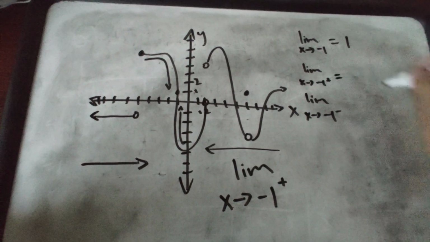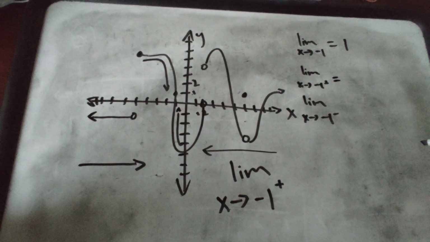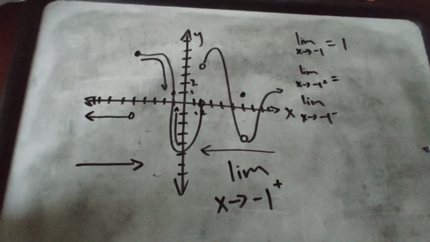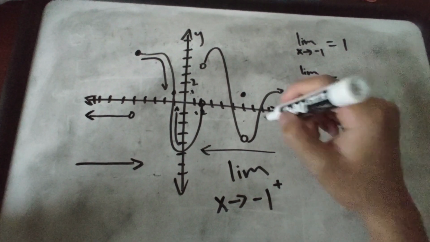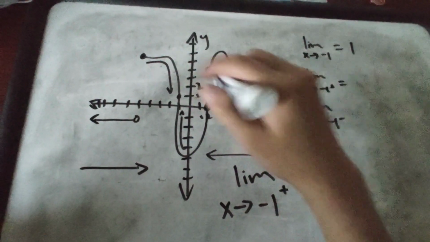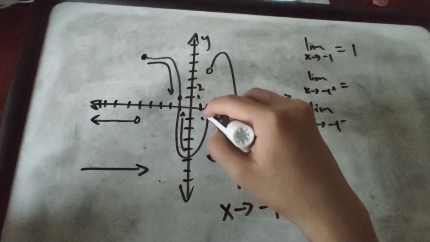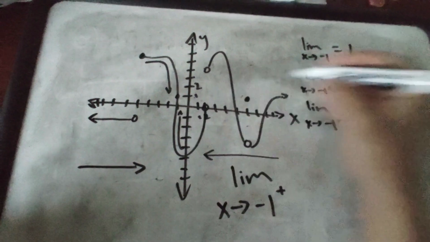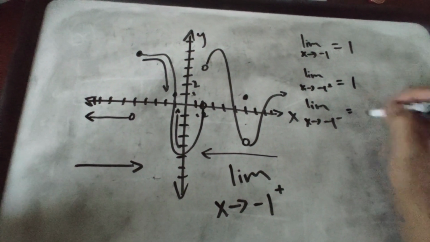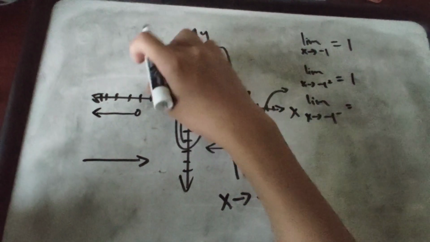If the limit of x approaches -1 from the right side, because this is plus, you only take into account the value going from the right side, which is also 1. And we don't consider the left side at all.